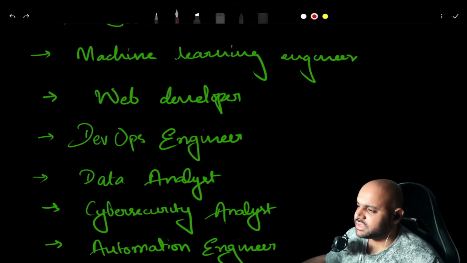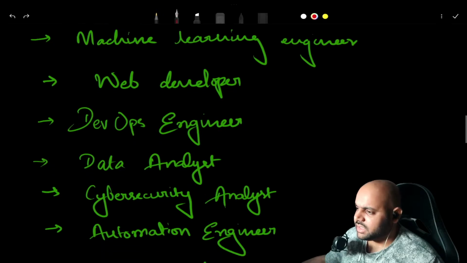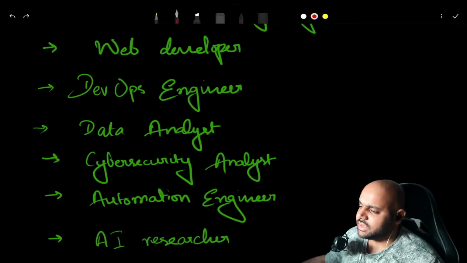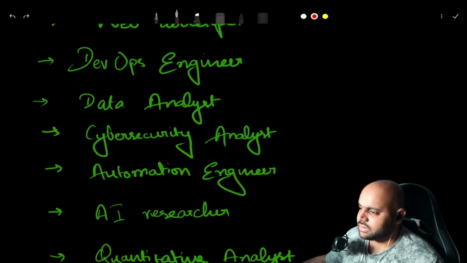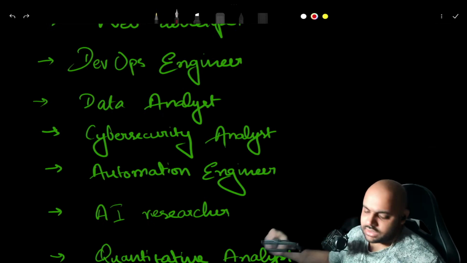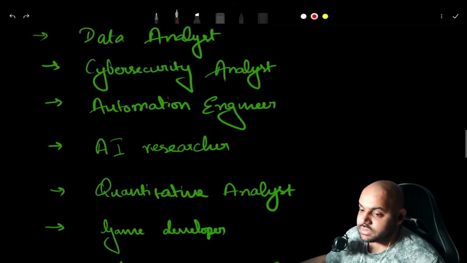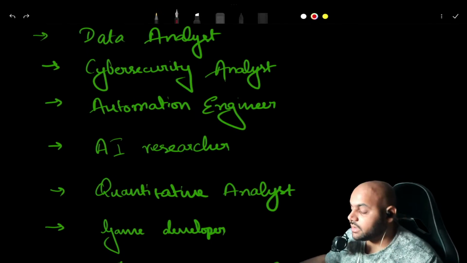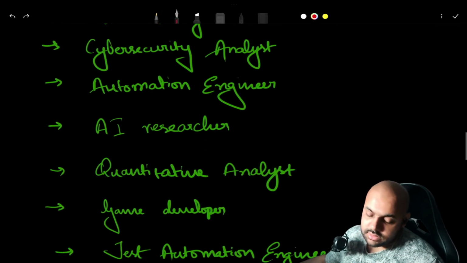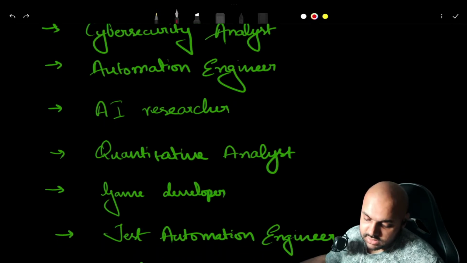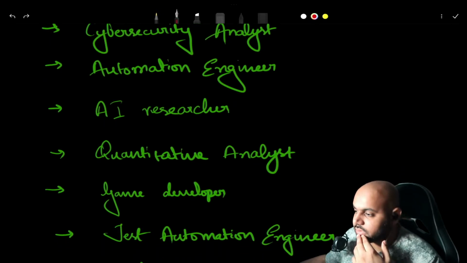Mostly they work in industries like finance, marketing, healthcare, government, consulting. And there are others like cybersecurity analyst and automation engineer, artificial intelligence engineer, artificial intelligence researchers, and quantitative analyst. So quantitative analyst, what they do is, I'll tell you a little about that.